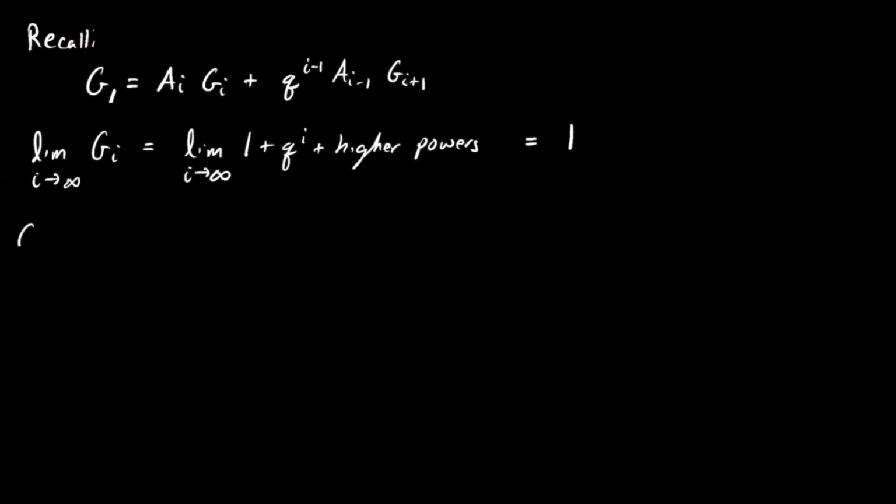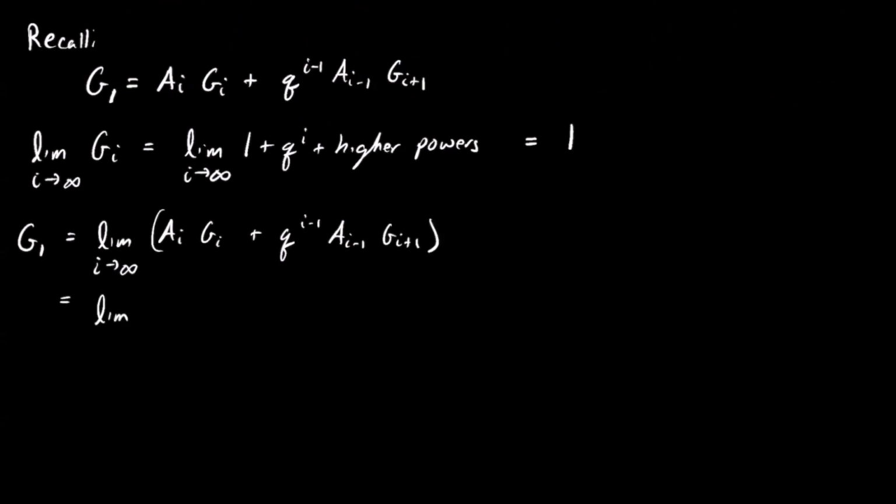I'm going to say, okay, G sub 1 is going to equal the limit as i goes to infinity of A_i G_i plus q^(i-1) A_(i-1) G_(i+1). All right, so it's the limit of this expression. And what does this leave me with? Well, I can rewrite this as the limit. I'll leave this as something to check.